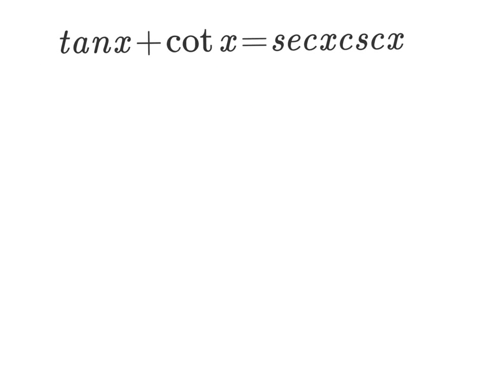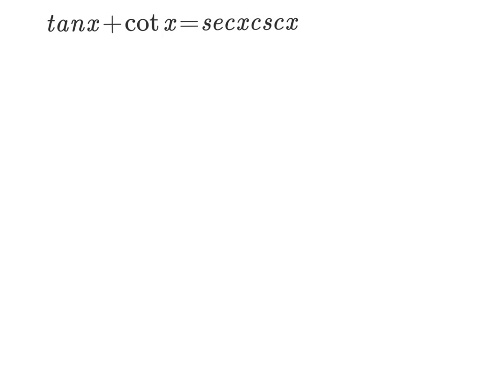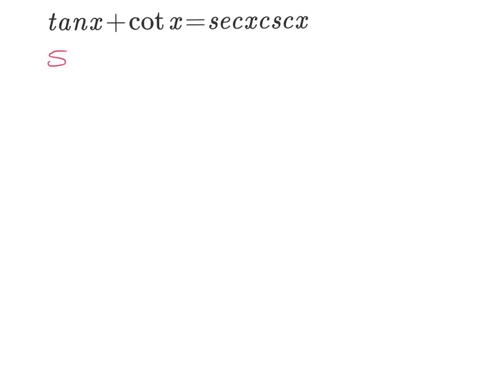So here's one where it's not really clear which side is more complicated. But I'm going to go with the left again, because I can do something like this. I can say tangent is sine over cos, and cotan is cos over sine.